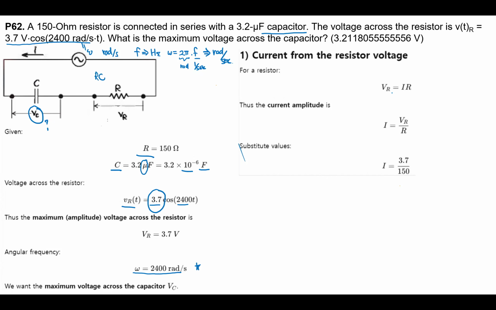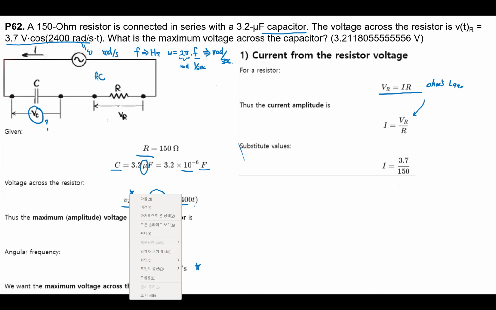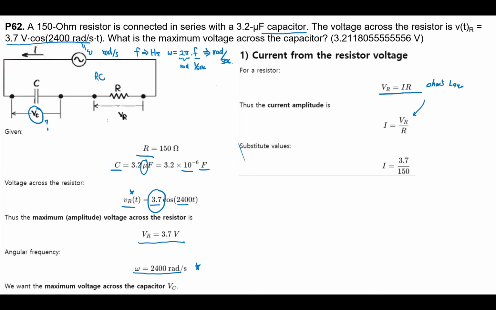For the resistor, it is given by this one, by Ohm's law. The current is given by VR over R. VR is given here, and its amplitude is given by this one, and then the current amplitude will be found utilizing Ohm's law at the resistor.